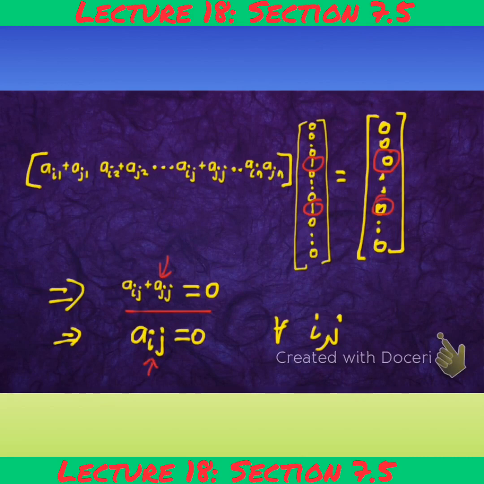So that's going to prove that the entry in the ith row in the jth column, for i not equal to j, is going to be 0. So that means all the entries of the matrix, all these A entries, are 0.